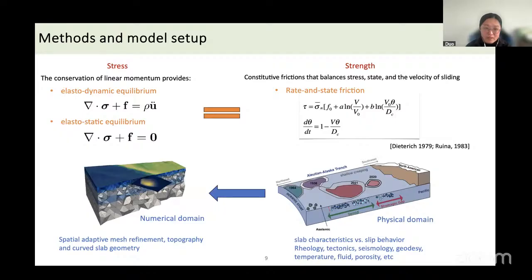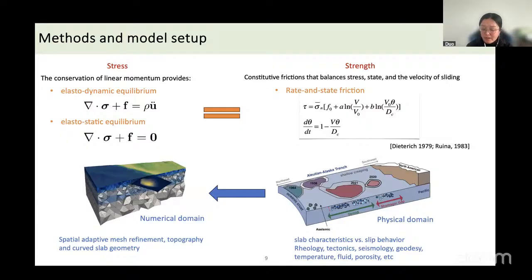When we simulate slow slip, we can ignore the inertial effect, which is the acceleration term in the left equation. So we call it the quasi-static formulation for the earthquake or slow slip. And we use a friction constitutive law, which comes from lab sliding experiments.